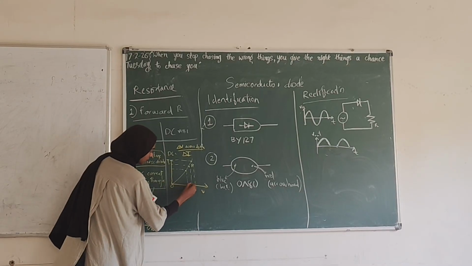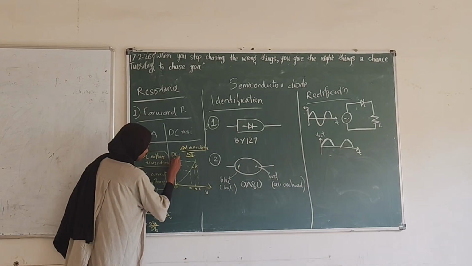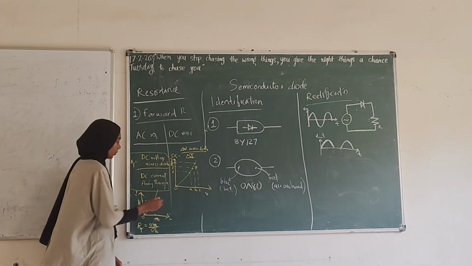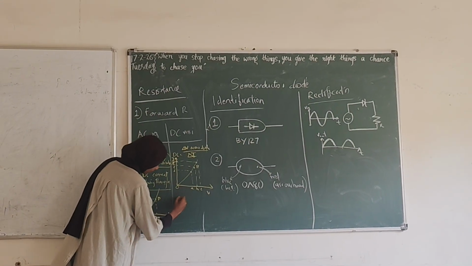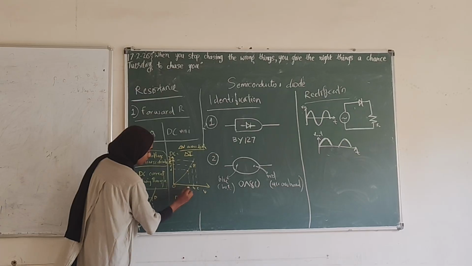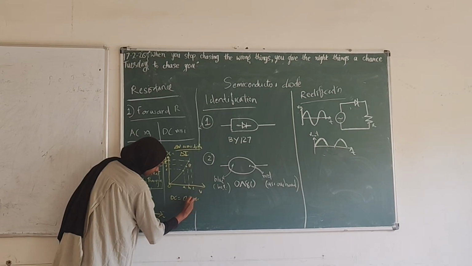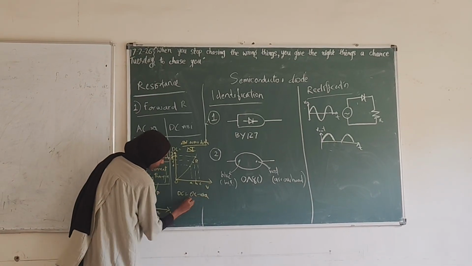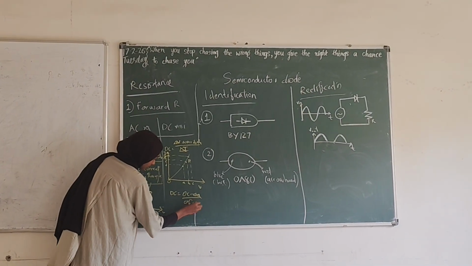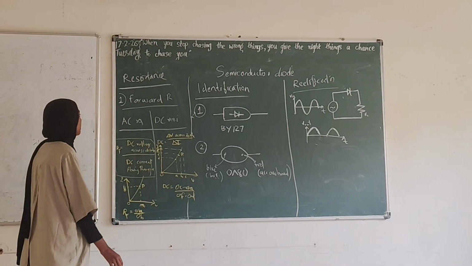We can represent these as A, B, C and D, E, F. So for this we will get an equation like this. Change in voltage means you can take OA to OC. OC minus OA by OF minus OD. So this is the DC resistance we get.